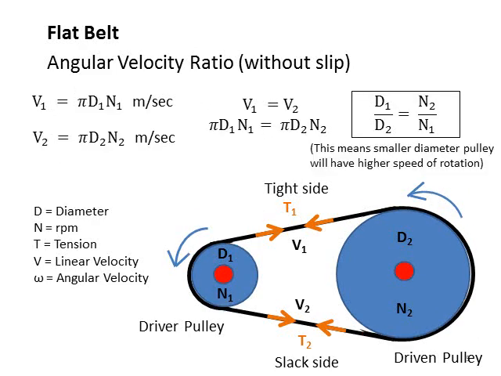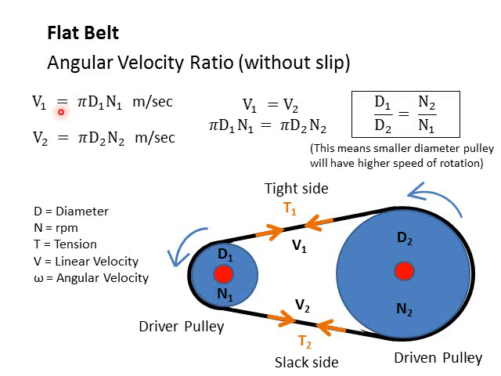As I earlier discussed, the velocity of the belt at the tight side is referred to as V1, and the velocity of the belt at the slack side is defined as V2. Ideally, if there is no slip, then velocity V1 will be equal to velocity V2.